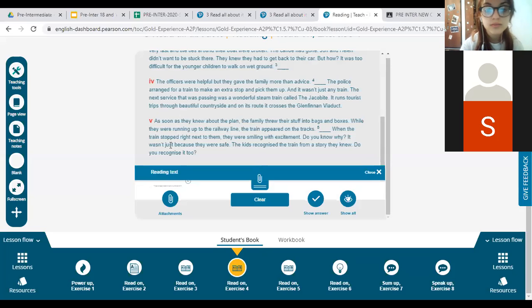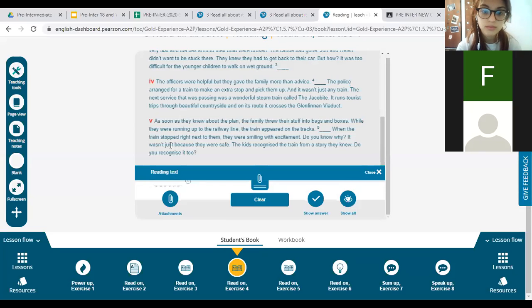Fede, can you read? Yes, number 5. As soon as they knew about the plan, the family threw their stuff into bags and boxes.